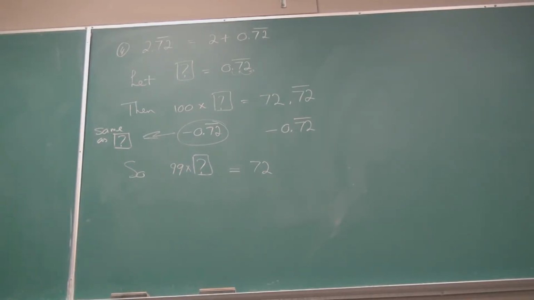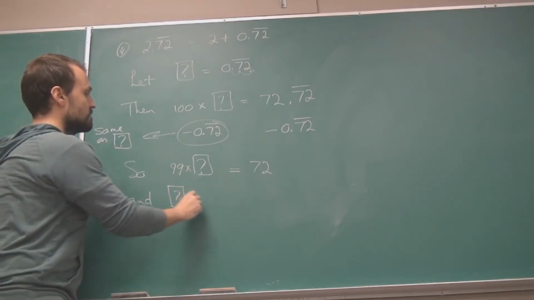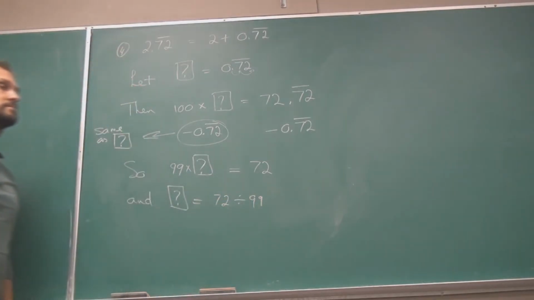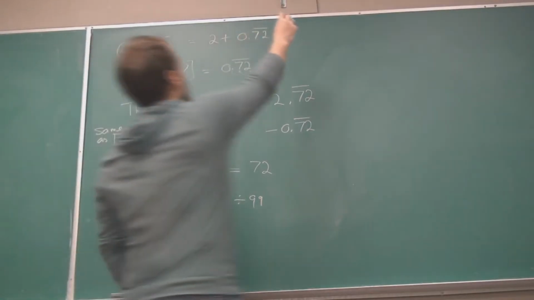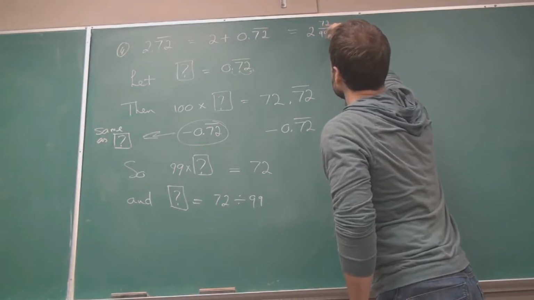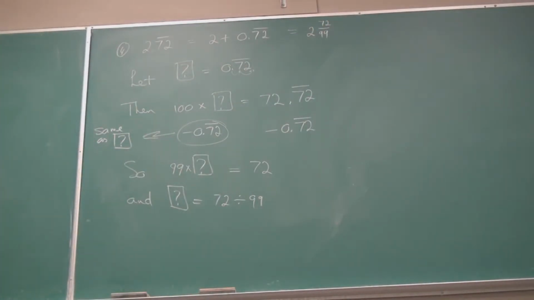Multiplication sentence, converted to division sentence, telling me question mark is equal to 72 divided by 99. Therefore, going up here, I have 2 and 72 over 99. Less obvious, which makes the backup method so much more important.